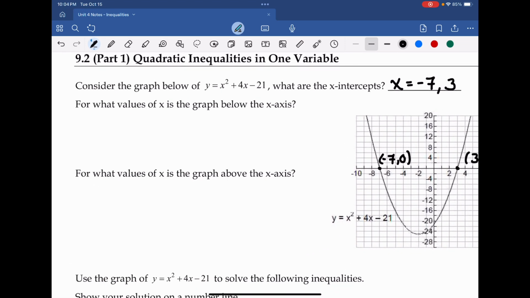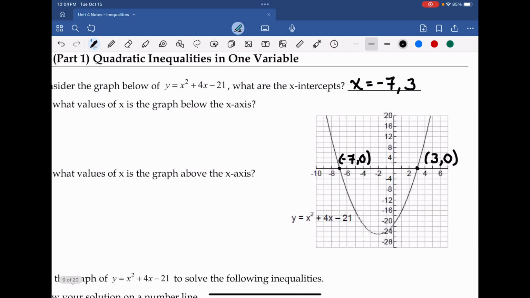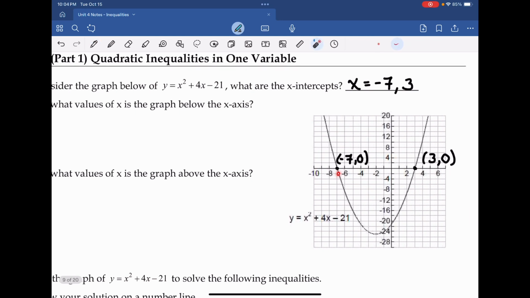For what values of x is the graph below the x-axis? Well, if the graph is below the x-axis in this part of the parabola, then the x values that represent this are the x values between the x-intercepts.